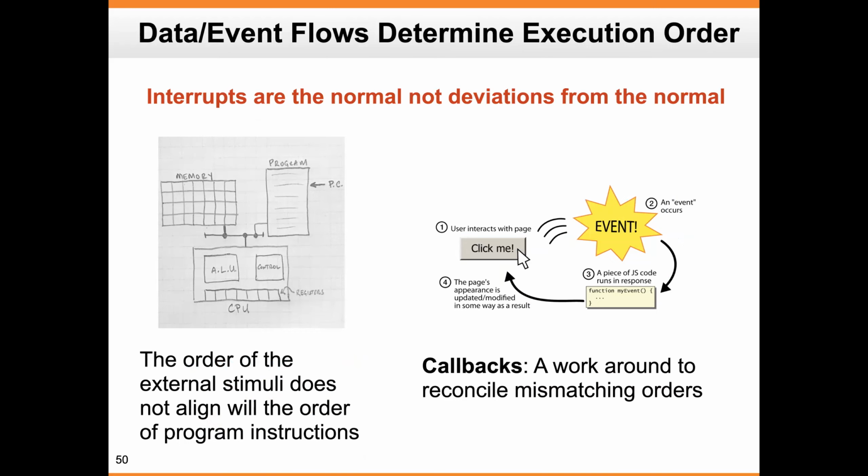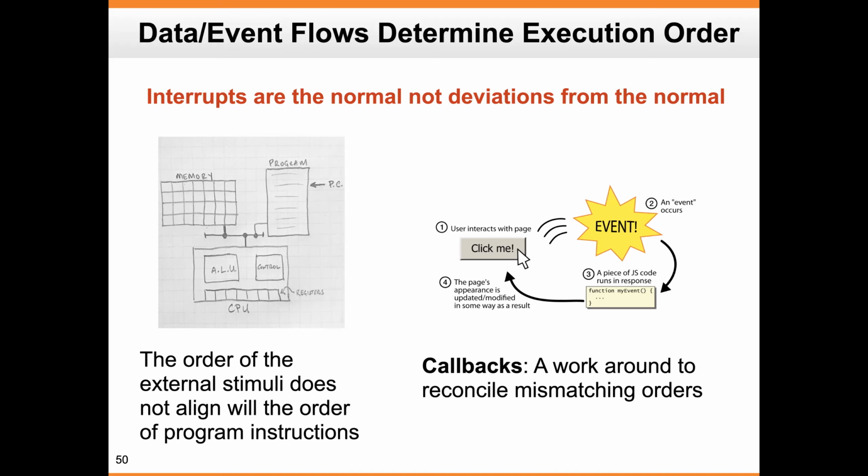You could think of callbacks as a workaround to reconcile the mismatching order between external stimuli when they arrive, event and data arrival from the external world, and the order of the execution of the program. So what we do, we attach to each event a callback that is executed once the event occurs.